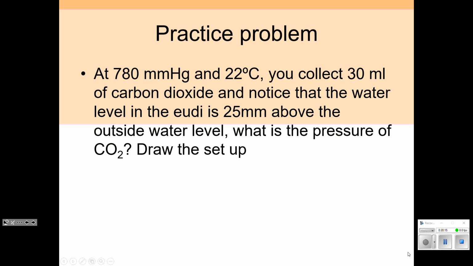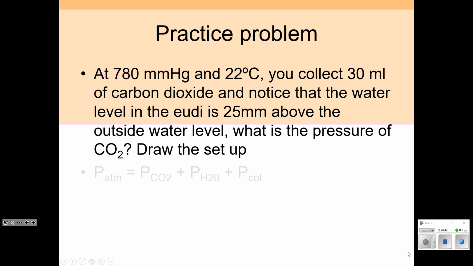The volume of the gas is something we're going to address more next class period, but there are markings on a eudiometer just like there are on a burette. It kind of starts upside down, where you can measure the volume of a gas collected, because we're going to have to do a step with that and combine it with the stuff we just did in the reading guide. It'll typically give you the column height, so it's 25 millimeters above the outside water level.